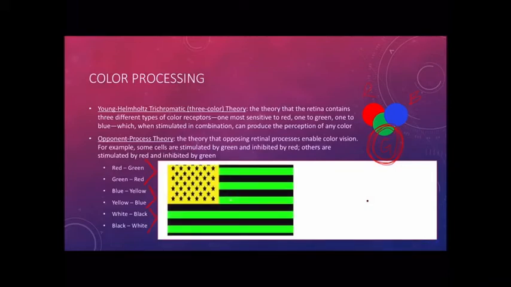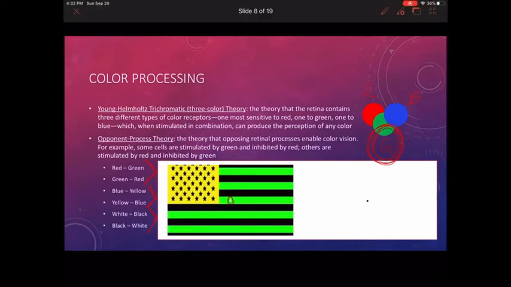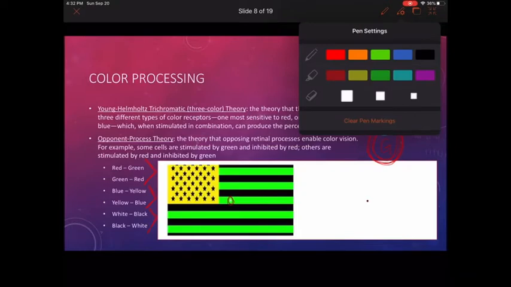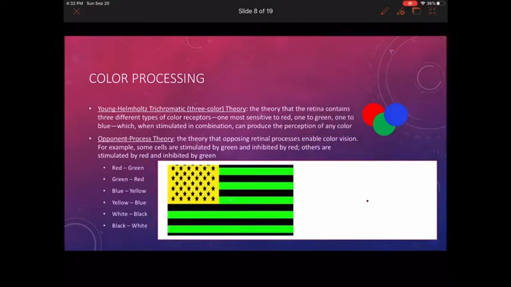If you stare at this flag for long enough, right in this little center point right there, and then you quickly shift your eyes over to the blank space on the right side, you should see a correctly colored American flag, because green will turn red, black will turn white, yellow will turn blue.